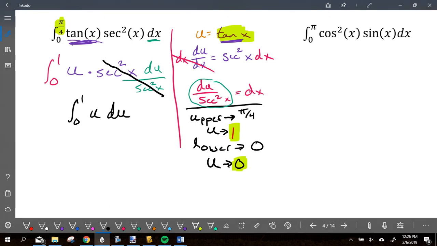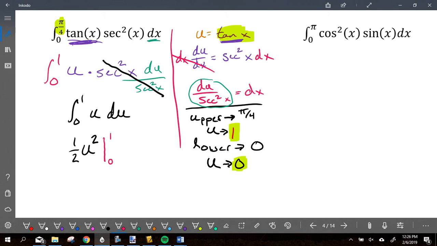What's the integration of u? I'm increasing my exponent, so my new exponent is going to be 2. And I divide by my new exponent, so it's 1/2 u squared. Not plus c. Why not plus c? I got bounds. It's a definite integral. So I want to integrate that thing from 0 to 1.